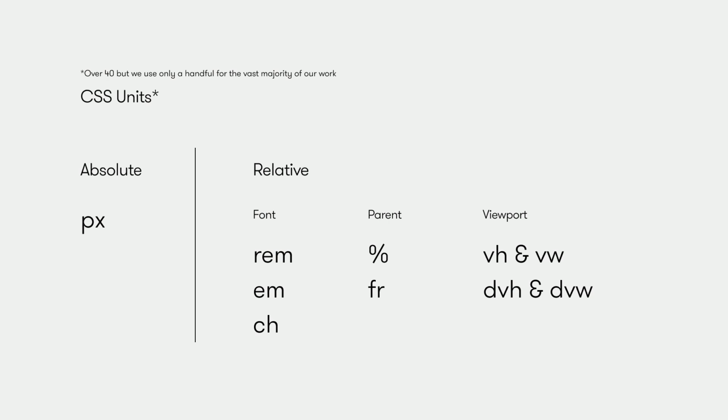A little bit like rems and ems. But in this case, we would prefer, or the majority of the time, you would use the parent sizing, and that will keep our layouts intuitive and responsive. So let me show you some of that.